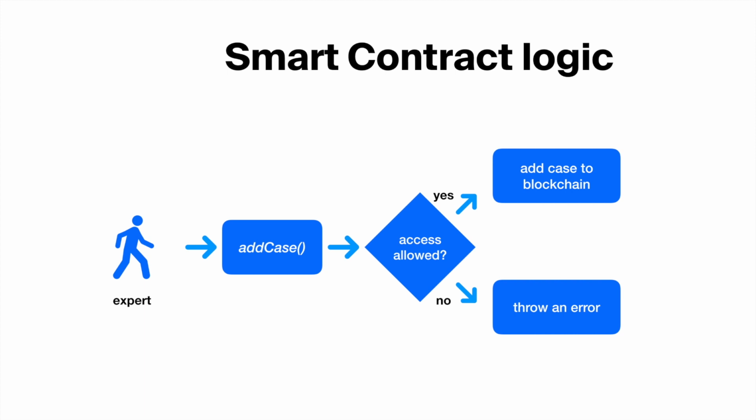This function needs to decide: is access for this user allowed? If yes, then just add the case to the blockchain. If not, throw an error, like, hey guy, you are not an expert, you cannot add the data. This is the logic we will implement. This is really just a prototype, but I hope it will help you better understand the logic of smart contract design.